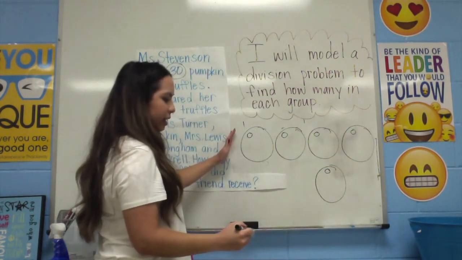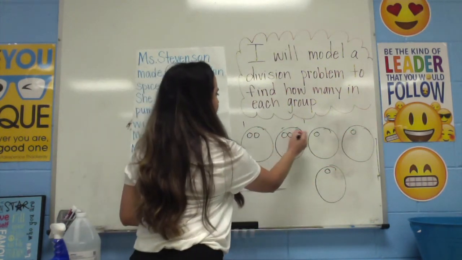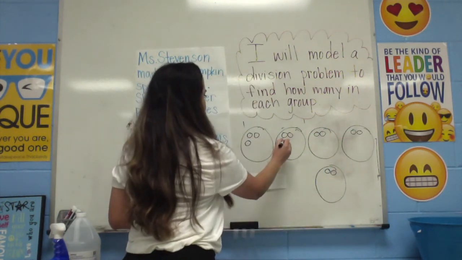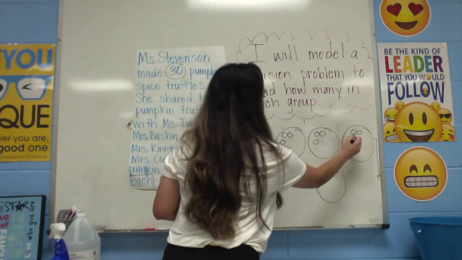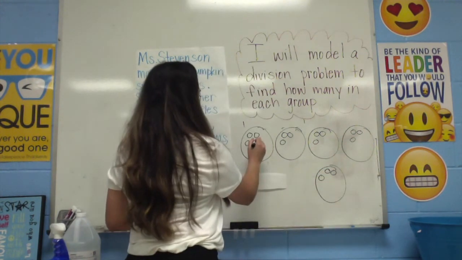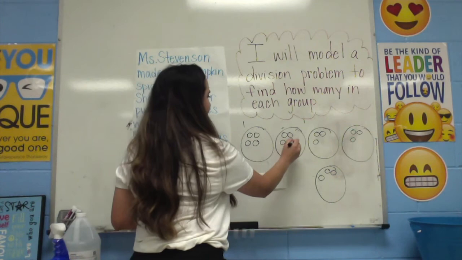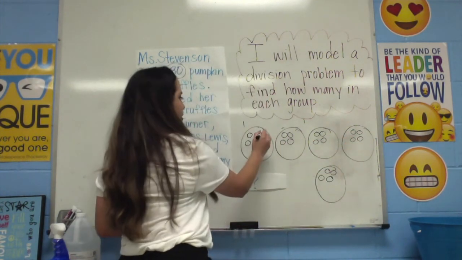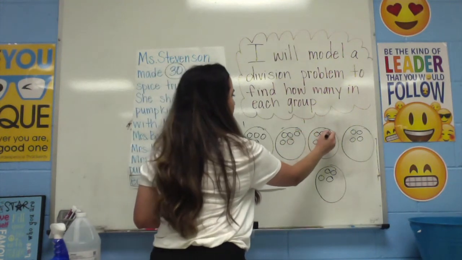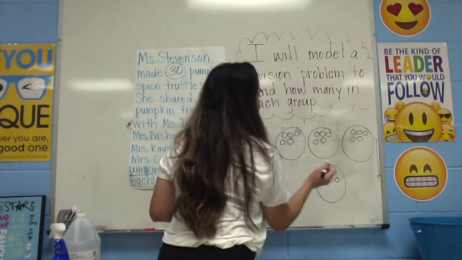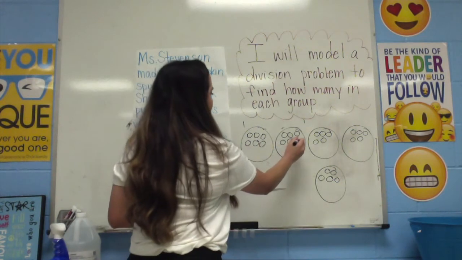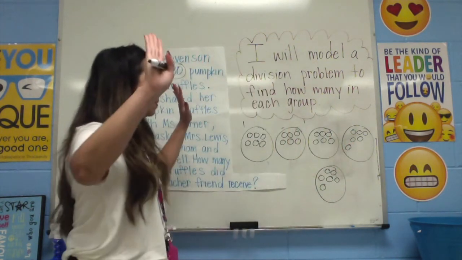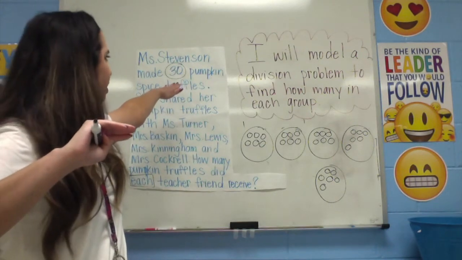Back to the beginning. 6, 7, 8, 9, 10, 11, 12, 13, 14, 15. Back to the beginning. 16, 17, 18, 19, 20, 21, 22, 23, 24, 25, 26, 27, 28, 29, 30. Stop at 30. That's our total number of pumpkin spice truffles.